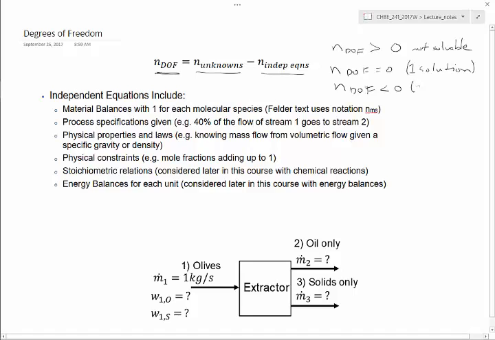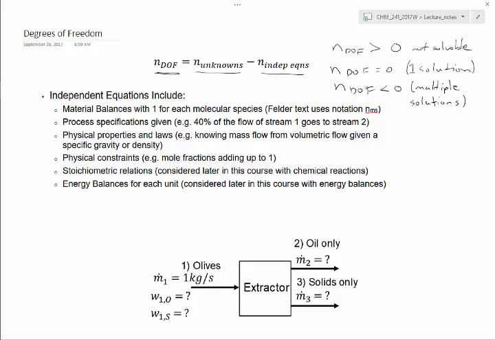Then we have multiple solutions. And those solutions may be the same, so we may have consistent information, or those solutions may not be the same. We may have inconsistent information, and a lot of times in real processes that we see, we have multiple solutions because we're measuring various data points to cross-correlate them.